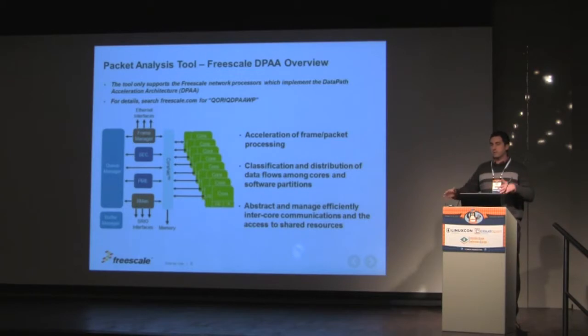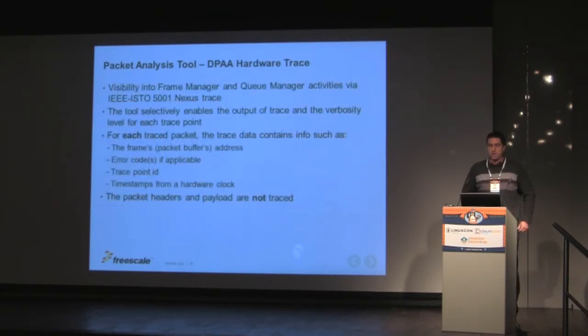Once the packets arrive from the network, they're handed off to the various cores in the system or to the hardware accelerators, such as a crypto accelerator, one piece of hardware that knows how to encrypt or decrypt packets. And all of those data exchanges happen via this central data exchange mechanism called the queue manager.